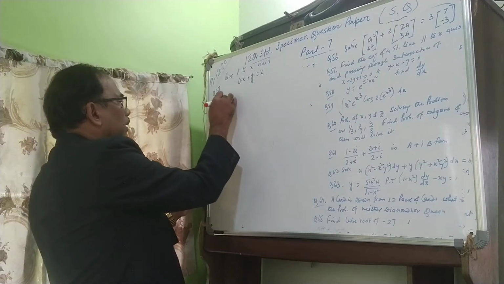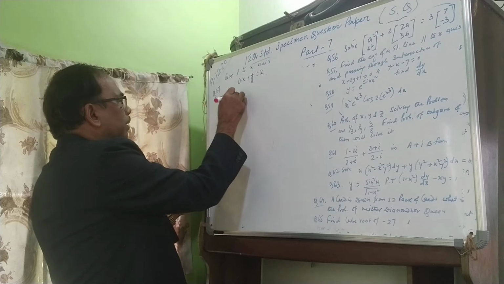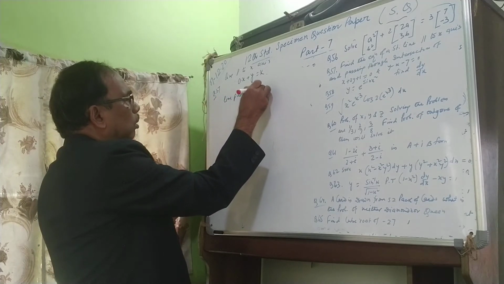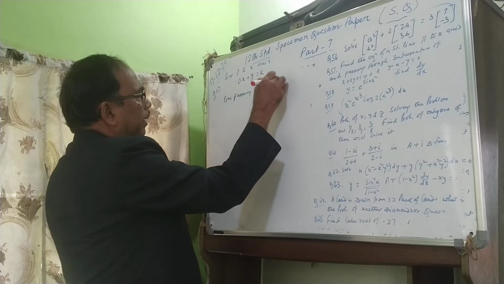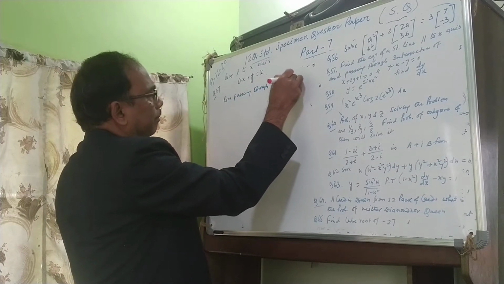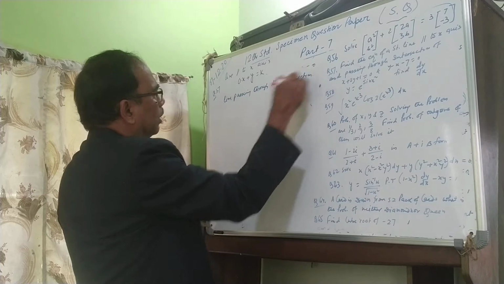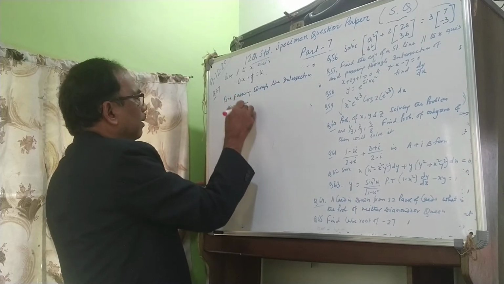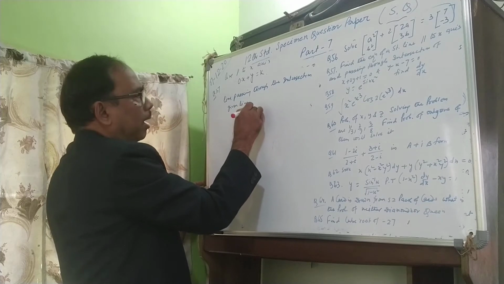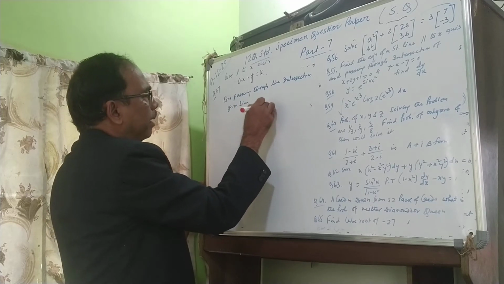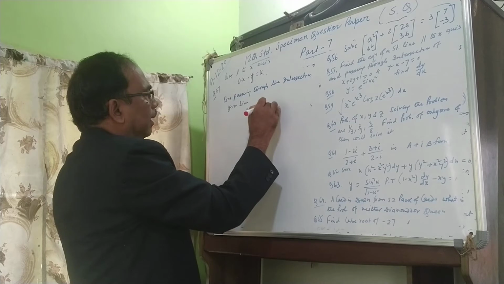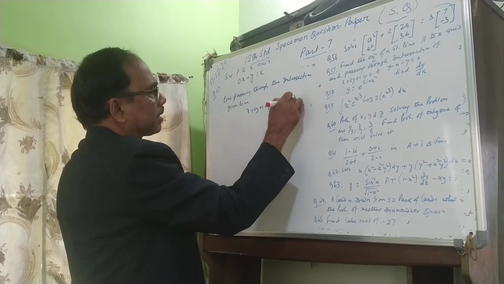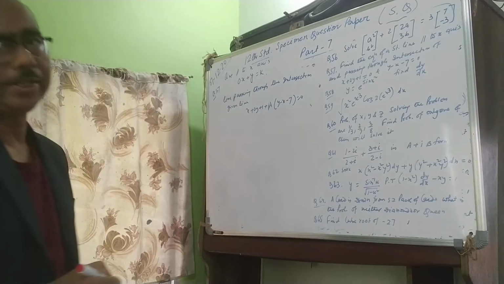The line passing through the intersection of the given lines is x plus 2y plus 1 plus lambda into y minus x minus 7 equals 0, where lambda is any constant.